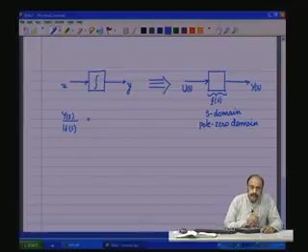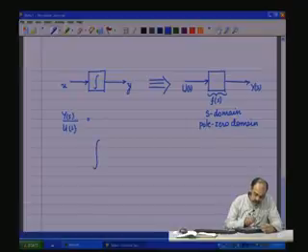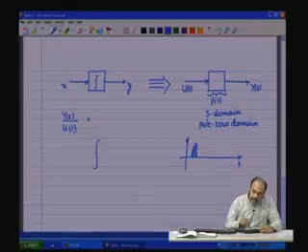The integrator, by nature, if you give a disturbance, it will accumulate. Let us say I have a waveform, a wave shape like that as a function of time. When this is passed through the integrator, the output of the integrator is going to be this area.